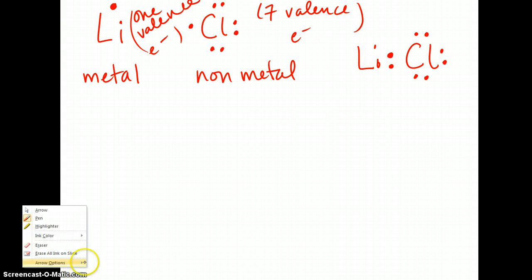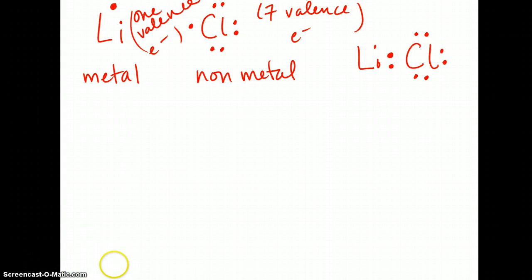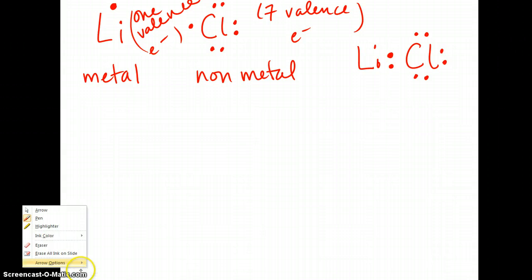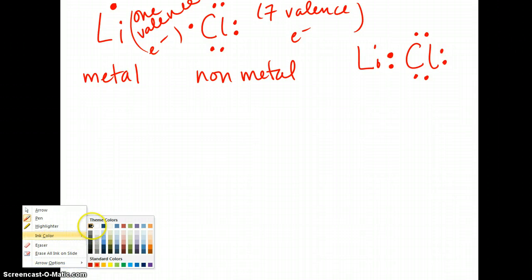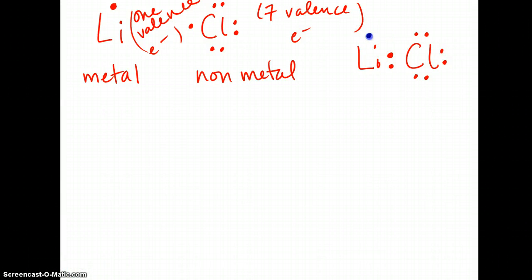So let me change my color to black. So lithium's original electron was here, and it actually gave its electron to chlorine. So that means that lithium that just gave its electron is going to have what sort of charge, would you guess? More positive. And chlorine has a negative charge.